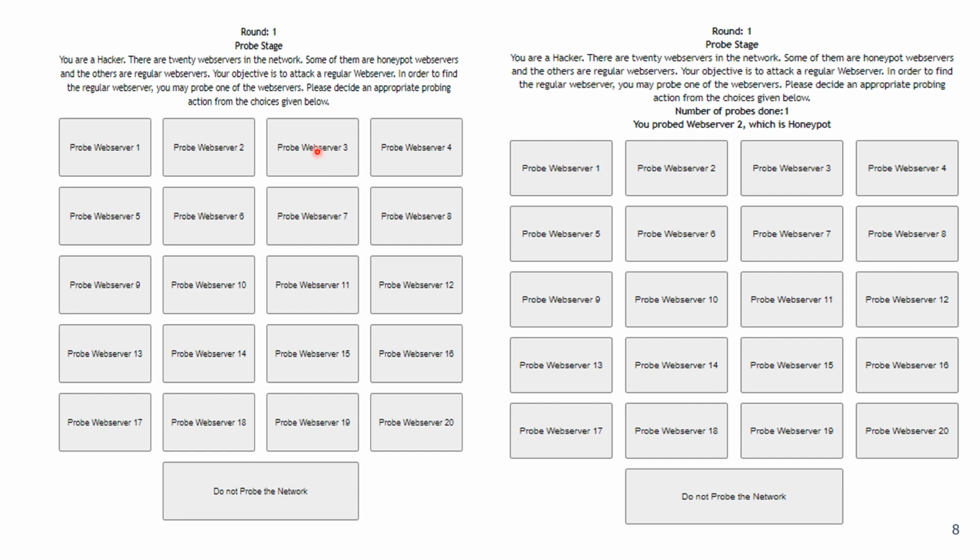They were also given some instructions, shown here. Once the adversary probes one of them, like here, web server 2, he gets the response that it is a honeypot. He is also shown how many probes he has done.